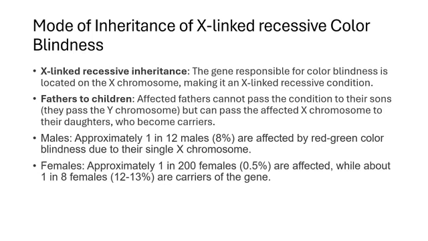Approximately 1 in 200 females, about 0.5%, are affected, while about 1 in 8 females, 12 to 13%, are carriers of the gene. This reflects the X-linked recessive inheritance pattern, where males are more likely to express the condition and females are more likely to be carriers.